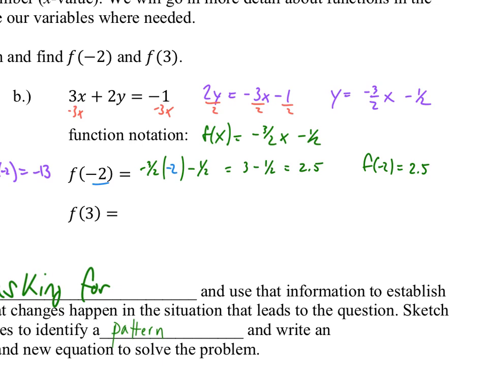And then f of 3, so it'd be negative 3 halves times 3, minus 1 half. 3 times 3 halves is 9 halves, so it'd be negative 9 halves.